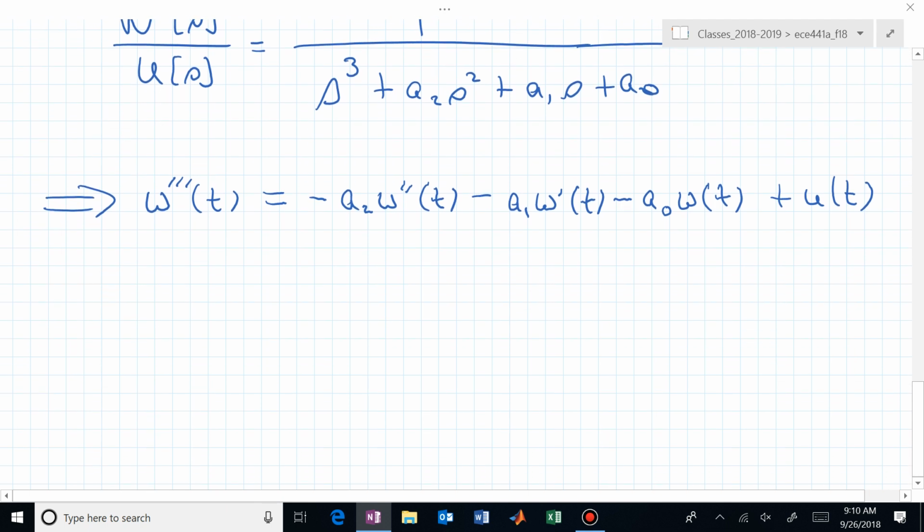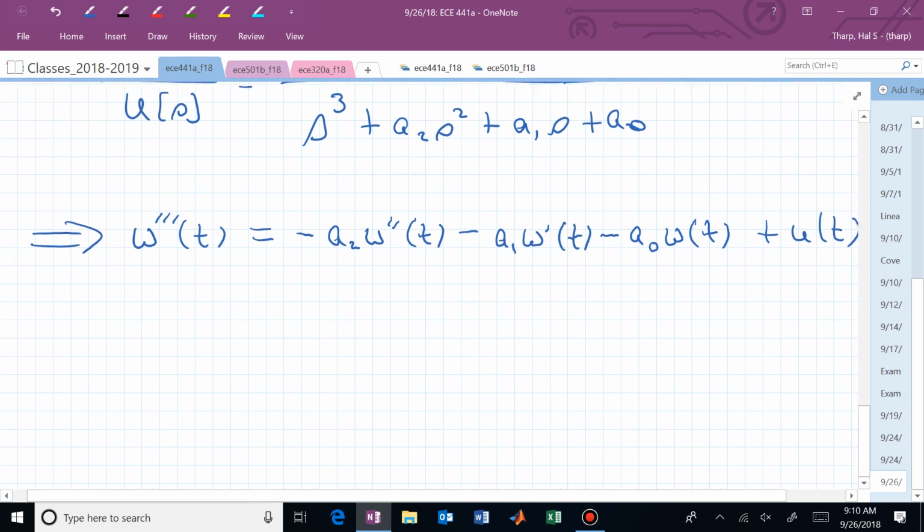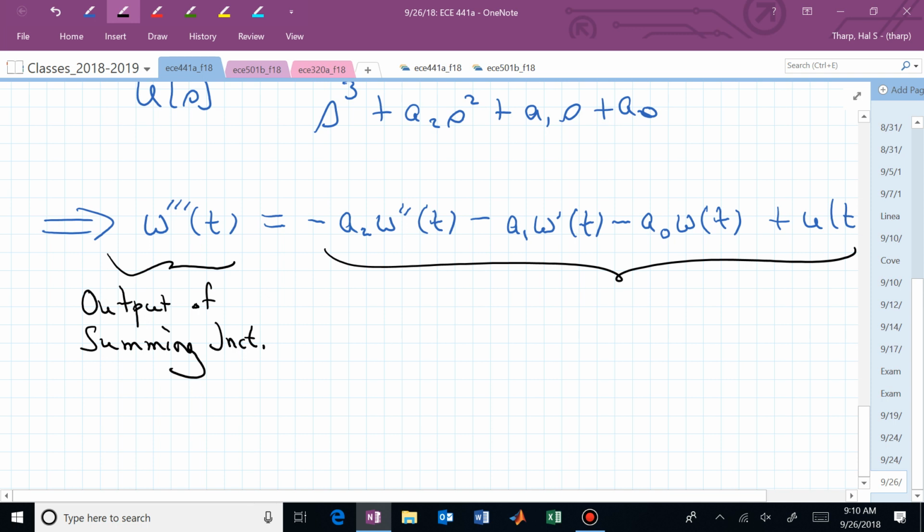And the way to maybe think about this block diagram is to say, let me go ahead and just treat this as the output of a summing junction. And all of this right-hand side will be the inputs to that summing junction.